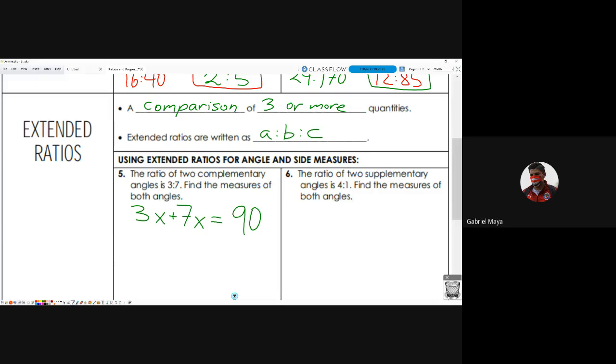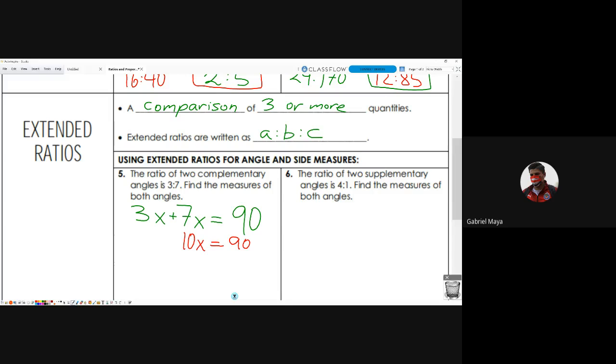Okay, now I'm ready. So 3x plus 7x equals 90. Well, let's combine like terms. 3x plus 7x gives me 10x equals 90.